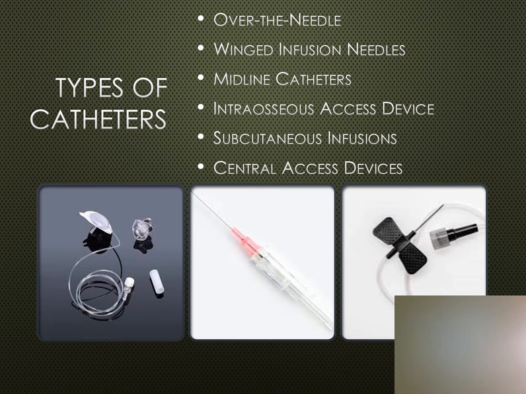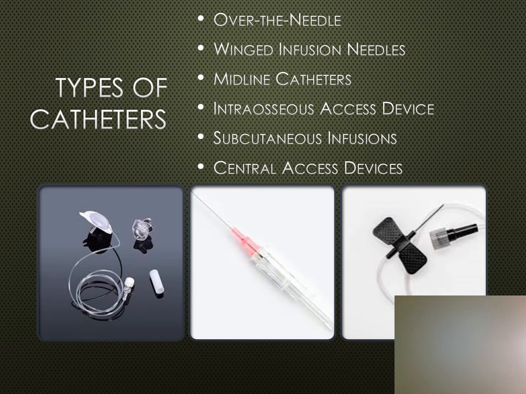The intraosseous access device is used in emergent situations when a peripheral catheter might be impossible. It can be used for all medications and fluids. However, it is a short-term therapy because of the increased risk of infection, and it can only remain in place for up to 24 hours.